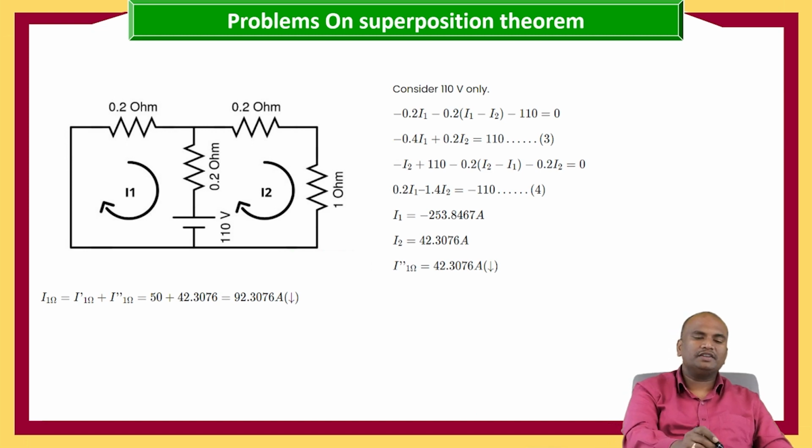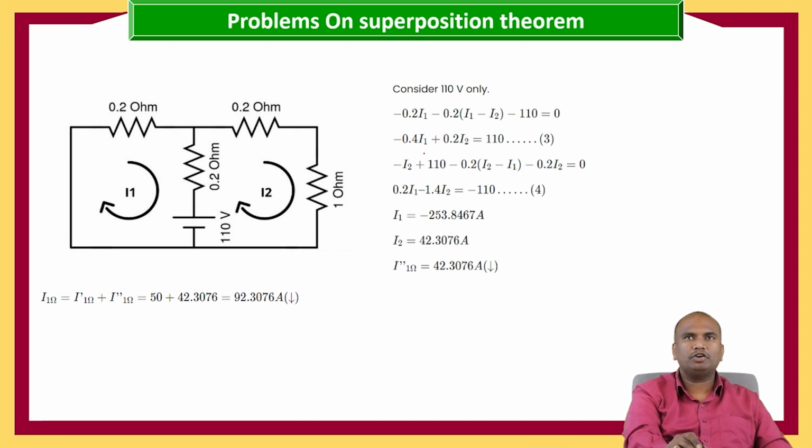Now we consider only the 110 volt source acting, by making the 130 volt source a short circuit. When 110 volts is acting, minus 0.2 I1 minus 0.2 into (I1 minus I2) minus 110 equals 0.